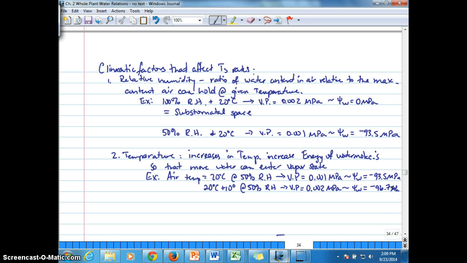So here you see, again following that water potential gradient, that the higher the temperature, the lower the water potential. That means this air is no longer saturated and can continue to concentrate more and more water vapor into that atmosphere.